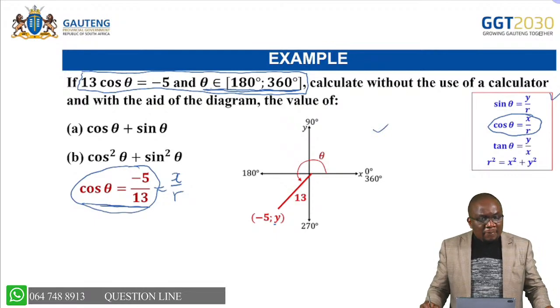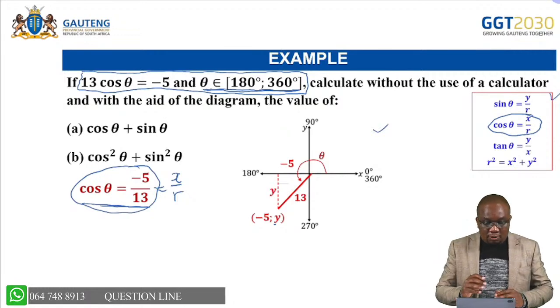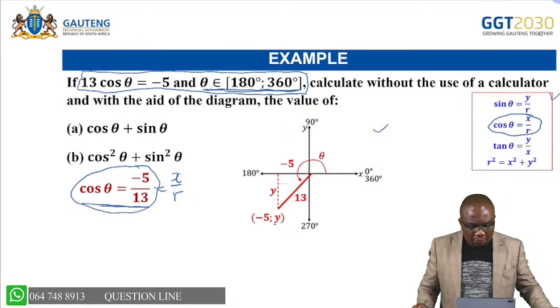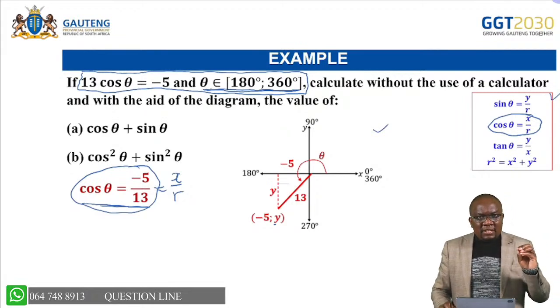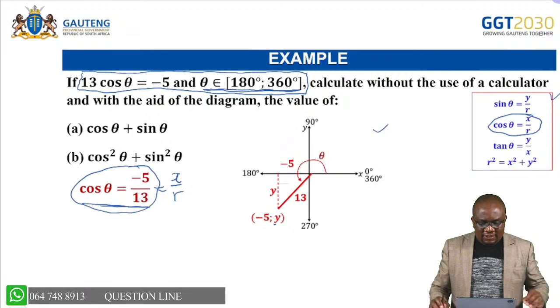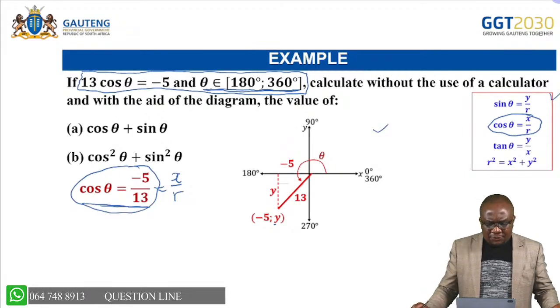That's 13 there. And then we have our x there, which is negative 5. What is missing? Is y. Right, I'm going to give you 30 seconds to copy the diagram. Write your x coordinate, your y coordinate, your r, and then after 30 seconds, we'll continue.